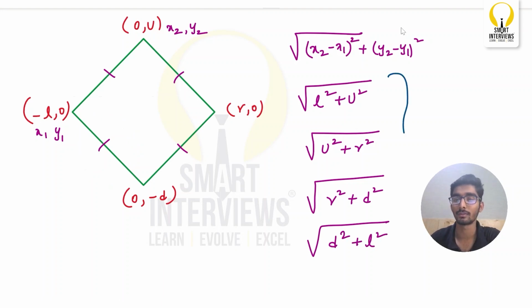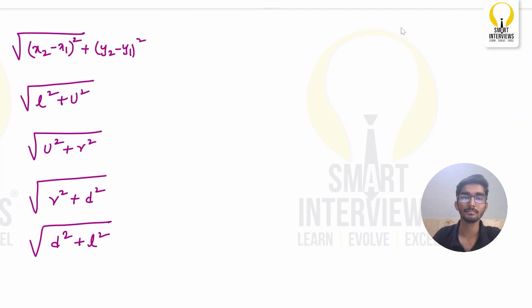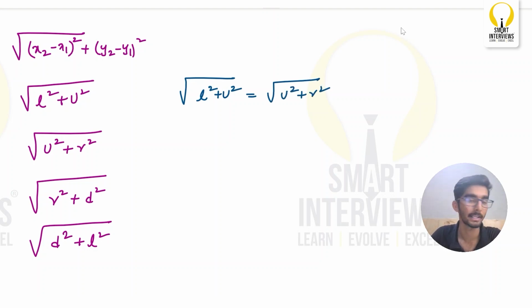Now, these 4 have to be the same, right? That is, root over l square plus u square must be equal to root over u square plus r square.